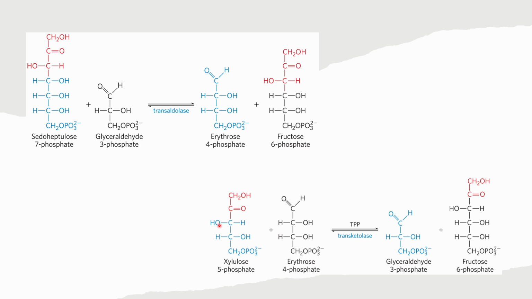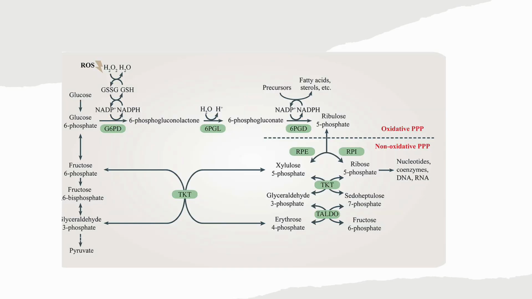And then here's the other reaction where you can see TKs will convert X5P and E4P to G3P and fructose 6-phosphate. And they're both reversible reactions.